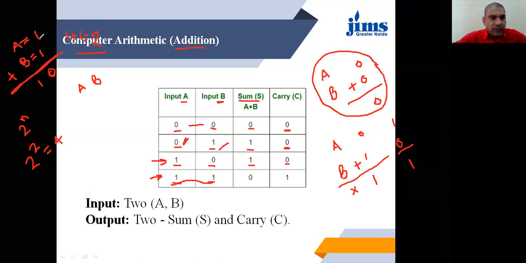So from here you can see that for 1 and 1, the sum is 0, and this 1 is a carry.